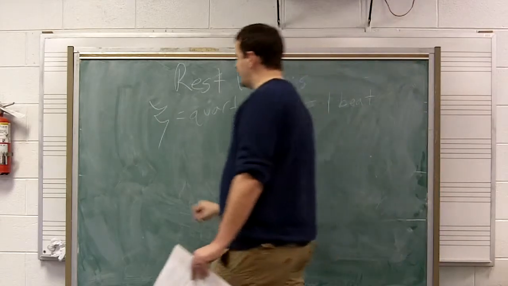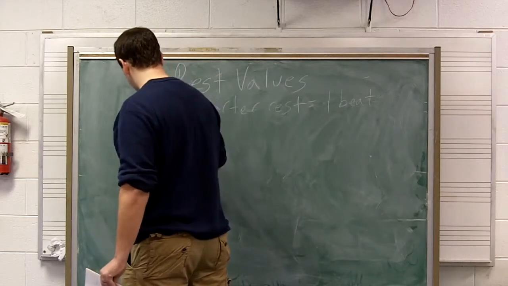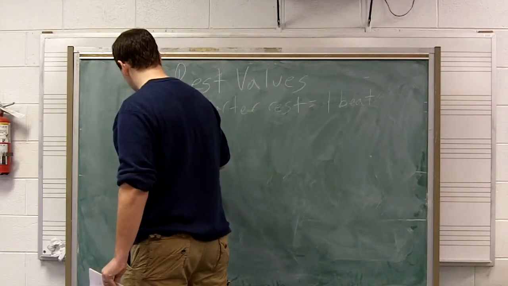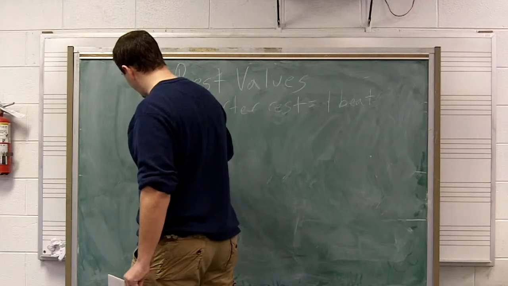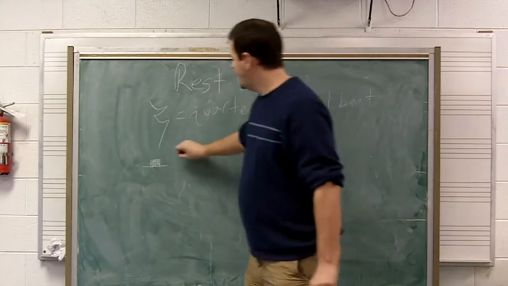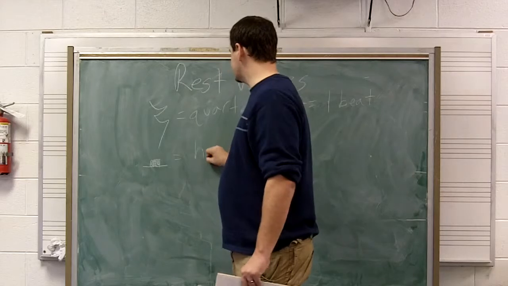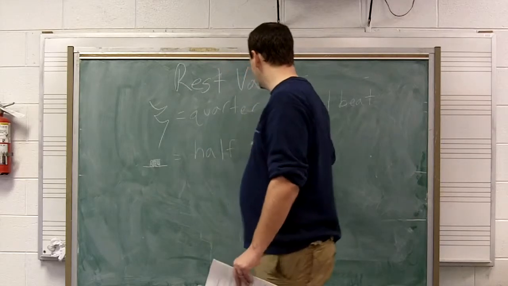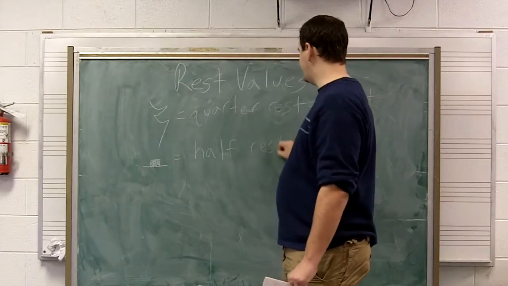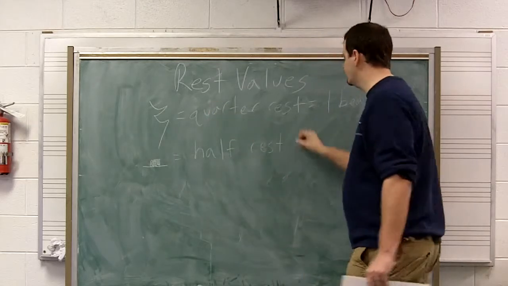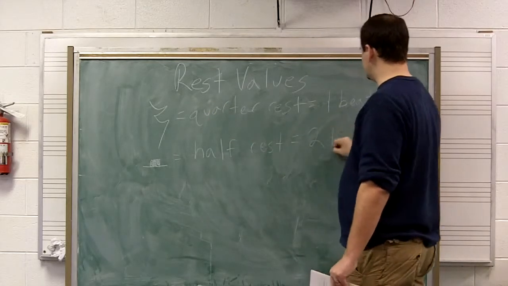And then you have something that kind of looks like a hat. It's a line with a square put on it. And this is the half rest. And of course you can remember that by half and hat. And this gets 2 beats.